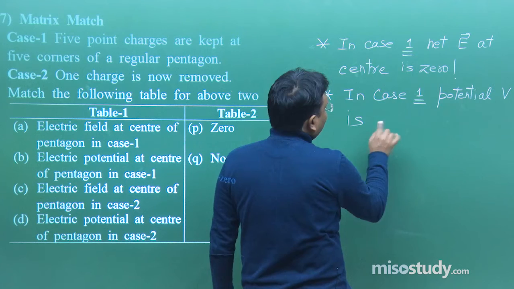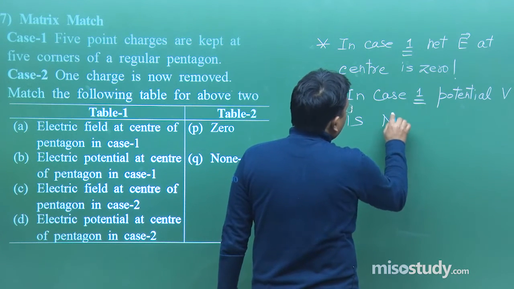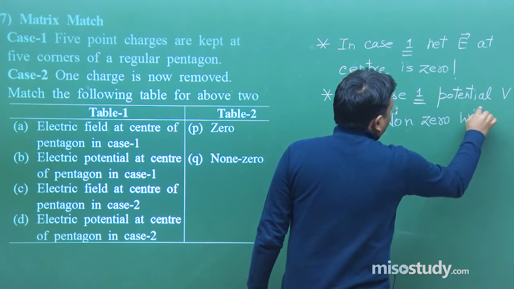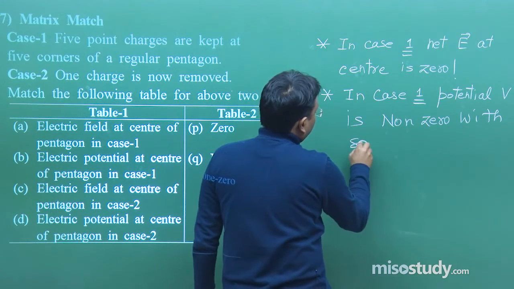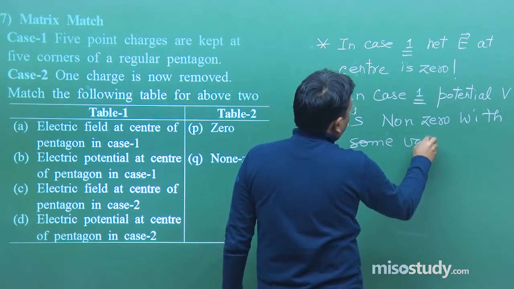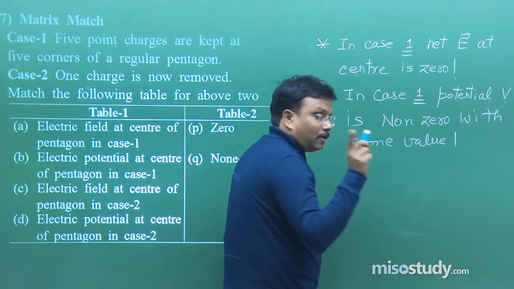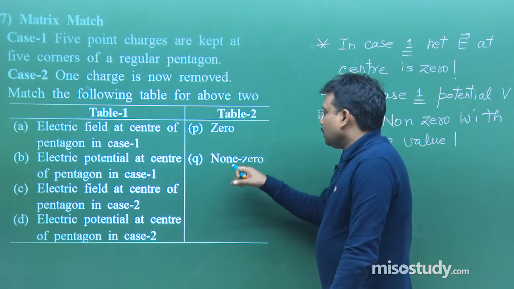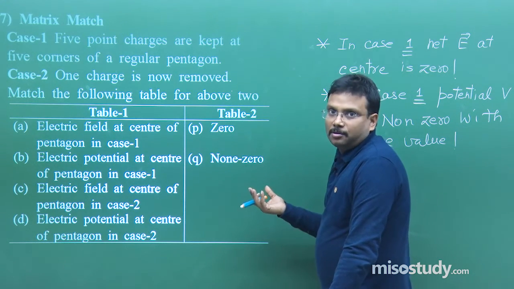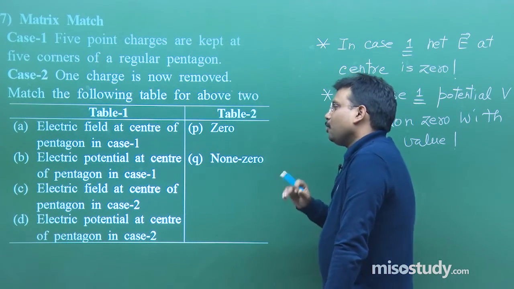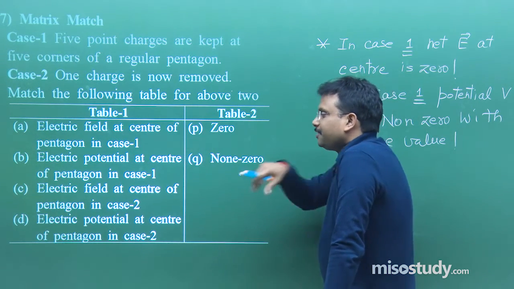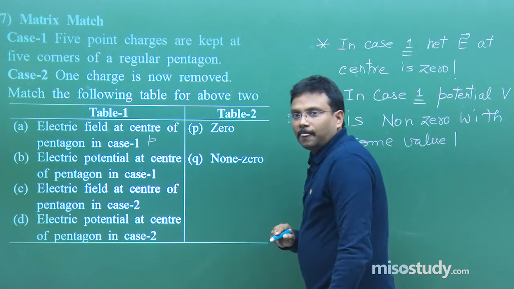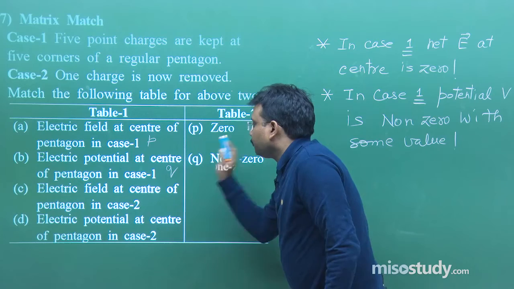So, V is non-zero with some value. But the very beautiful aspect of this question is that this one is not correct. Non-zero, yes, but what will it be? So, ultimately the safest approach is you simply say for B, Q is the correct option. So, it is P, it is Q.